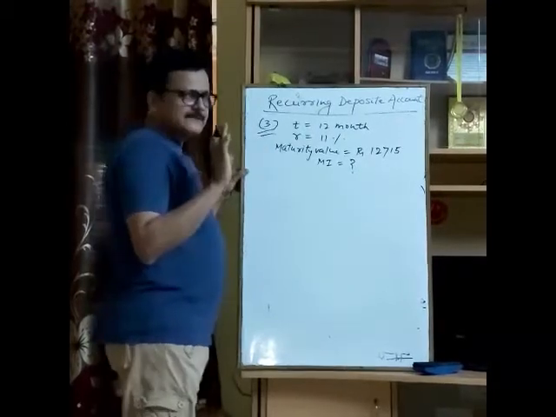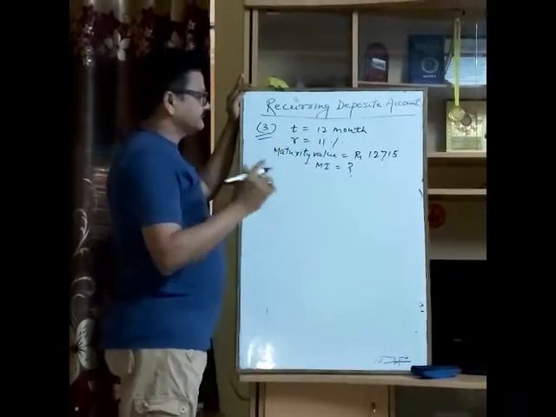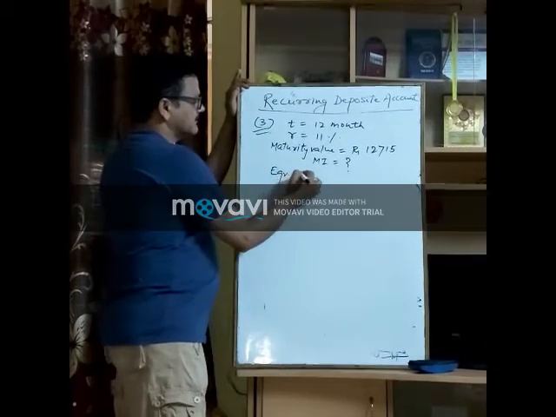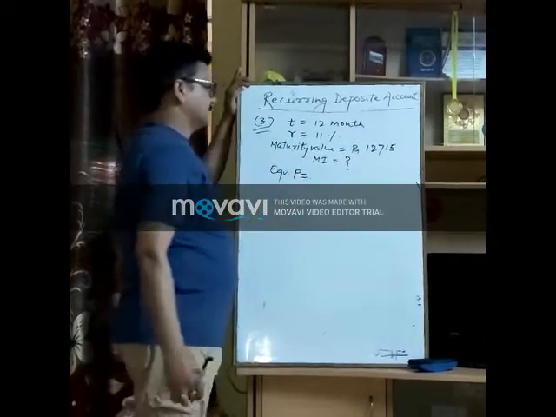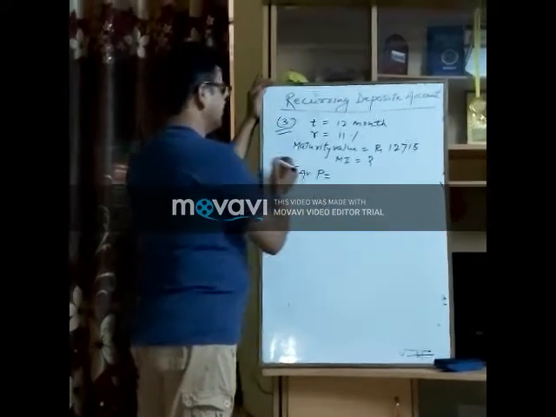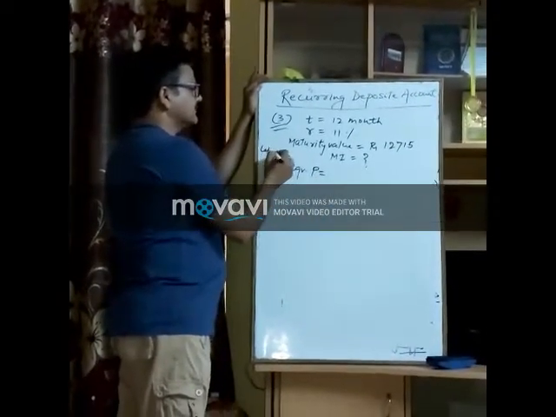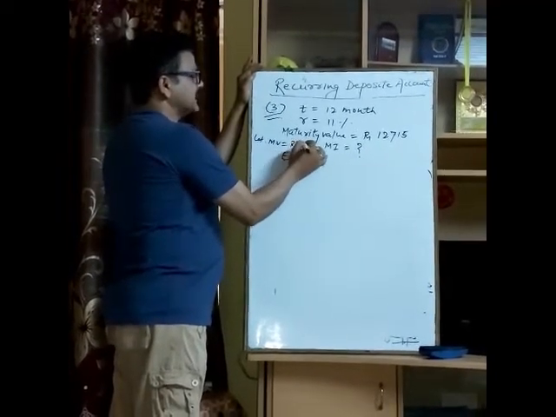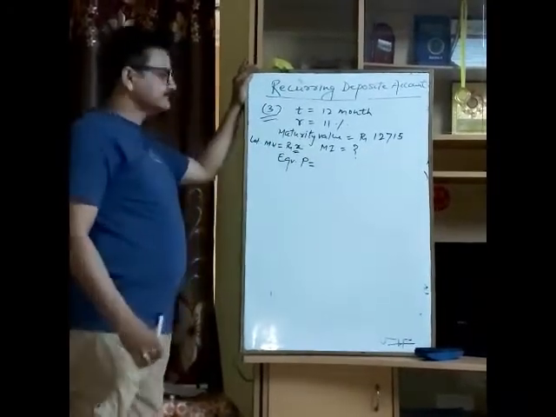All the process will be same. There is no new formula. First of all, equivalent principal. Then let the monthly installment is rupees X per month.